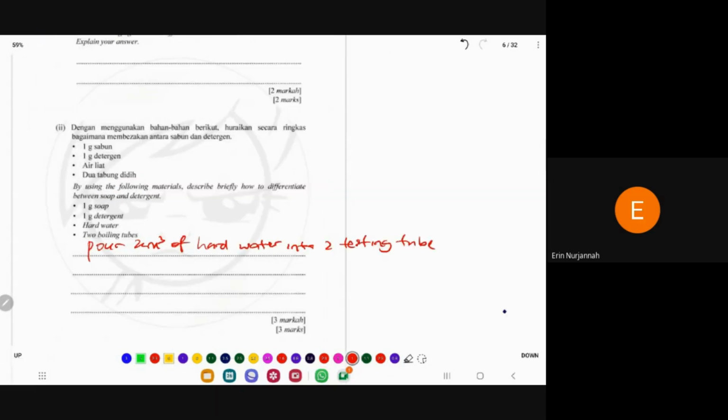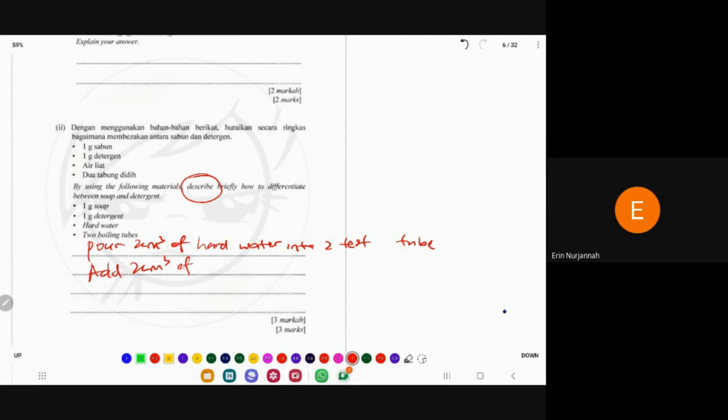Okay, now, how to do when the question says describe? You have to do it in very detailed form. Pour 2 cm cube of hot water into 2 test tubes. Then add 2 cm cube of what do you want?